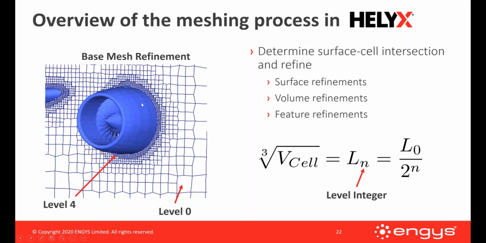If there's a small feature on this engine that I know the approximate size of, and I have to resolve this in my simulation, then it's very easy to calculate what that level needs to be on the surface of that object in order to capture that. Perfect. So then we can set our surface refinements on that specific object in order to capture it.